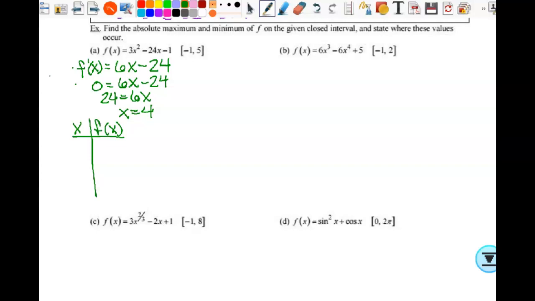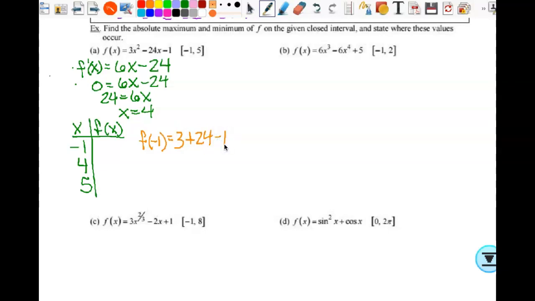So -1 is one candidate, then 4 in this case, and then the other endpoint. Everybody okay with that? Then we evaluate each of them at f. So f of -1, not f prime, but f. Well, -1 squared is 1, so this is 3, then -1 times -24 would be plus 24, and then minus 1.